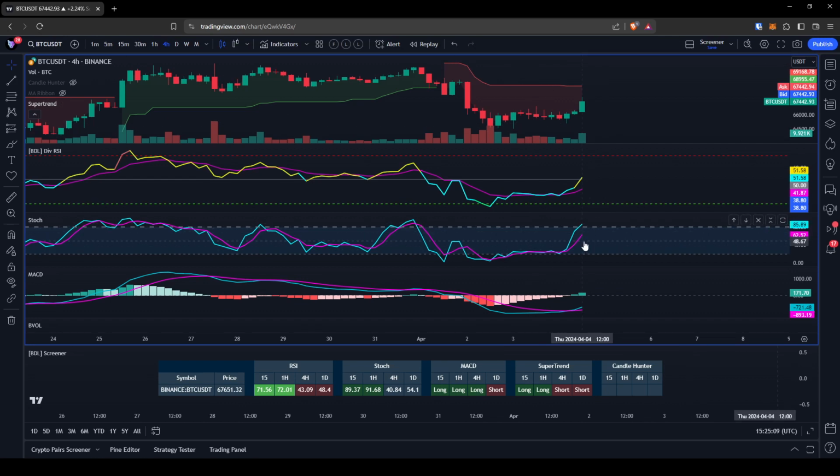There's a lot of room to the upside still. It looks like we are going bullish at the moment, but it's not confirmed because we have to wait until the candle closes. But it looks good. If you see the stochastic on the 4 hour, by the last candle it was in the 40s.